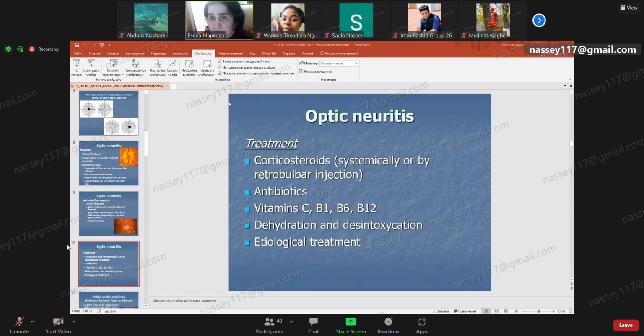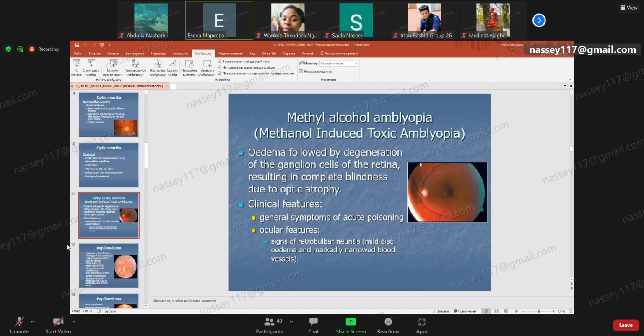And some words about toxic neuritis. Methyl alcohol amblyopia is typically acute, usually resulting in optic nerve atrophy and permanent blindness. Look here, it's typical methyl alcohol amblyopia. It usually occurs due to intake of wood alcohol. Toxic agents cause edema, followed by degeneration of the ganglion cells of the retina, resulting in complete blindness due to optic atrophy.